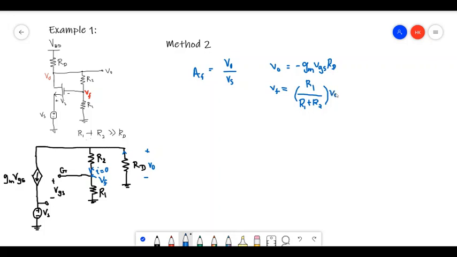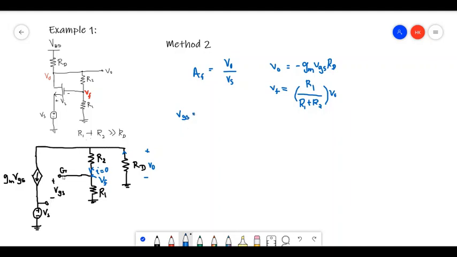right? So if we take Vs, Vs is actually, we can find it using this VGS. So VGS can be written as Vf, so it is the voltage here minus the voltage here.